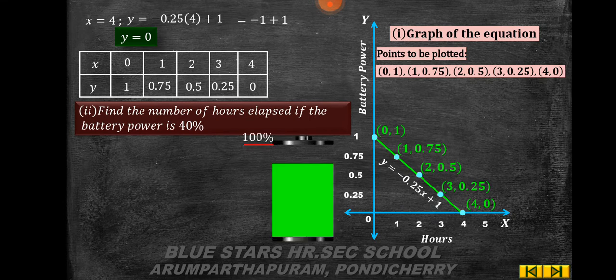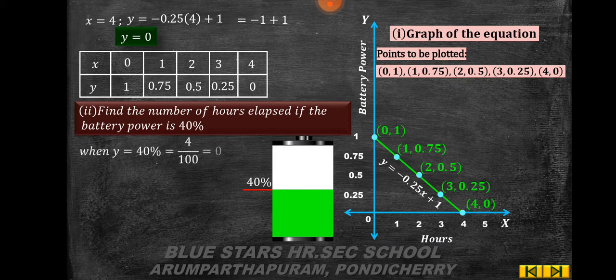Then find the number of hours elapsed if the battery power is 40%. Now your mobile phone percentage is 100%, battery full. At 40%, which is nothing but 40 by 100, which is equal to 0.4.